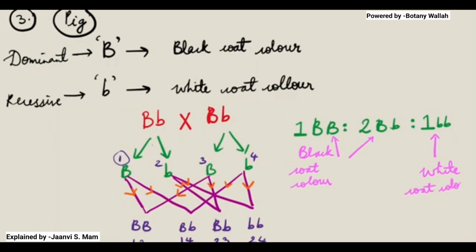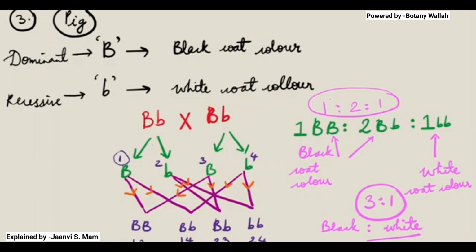So the phenotypic ratio will be 3:1, black coat color to white coat color. This is your phenotypic ratio, and I have written here the genotypic ratio, 1:2:1.